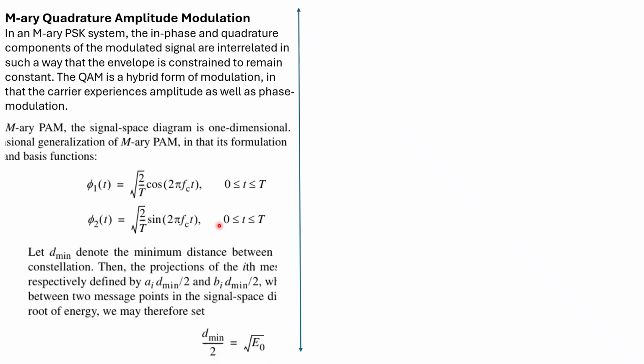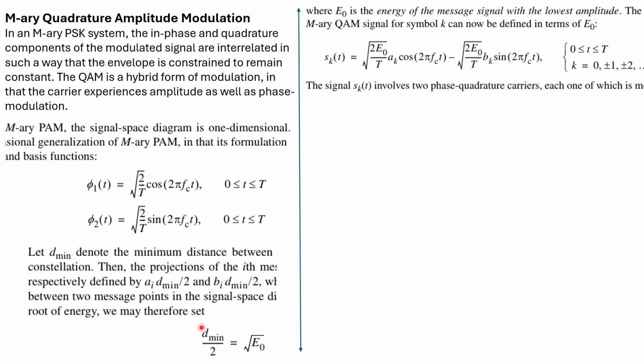You can check D min equal to 2 into square root of E naught. D min denotes the minimum distance between the signals present in the constellation. Of course, it should be high, but we cannot keep it too high because we are trying to increase the transmission rate.